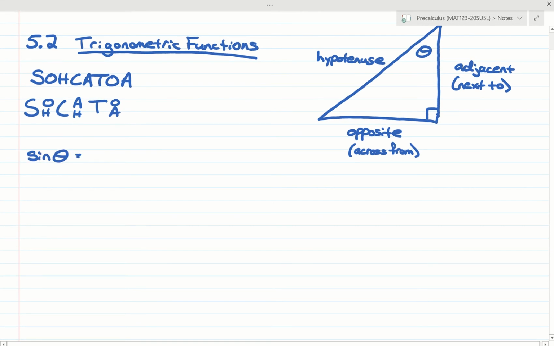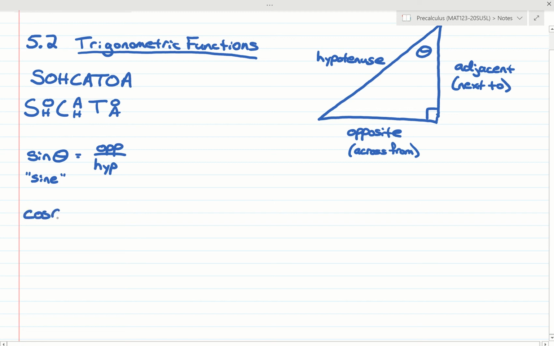Sine is a function, just like absolute value is a function, but where absolute value is defined as the distance from 0 on a number line, sine is defined as just the ratio of the opposite side of a right triangle over its hypotenuse. We pronounce sine, sine. Please don't say sin.